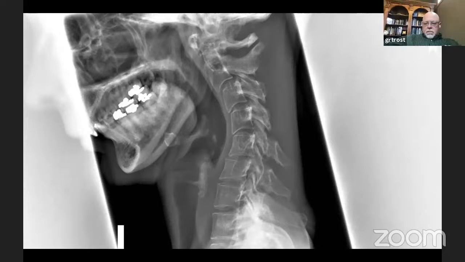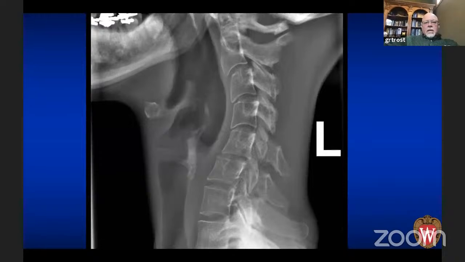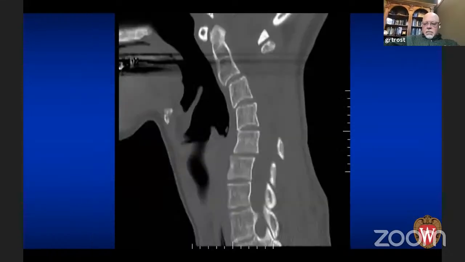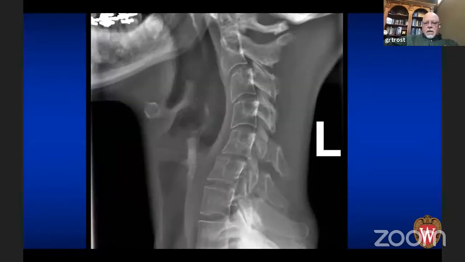Okay, so that is her extension film, and her flexion-extension look exactly the same as her lateral. So she's basically a fixed kyphotic deformity, and this is only about 10 weeks post-op that she presented.